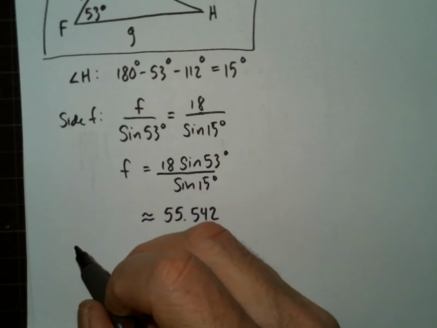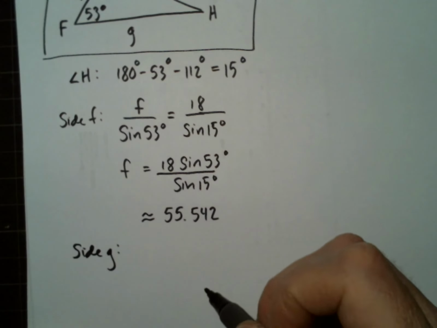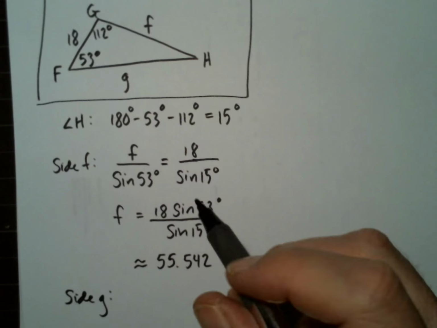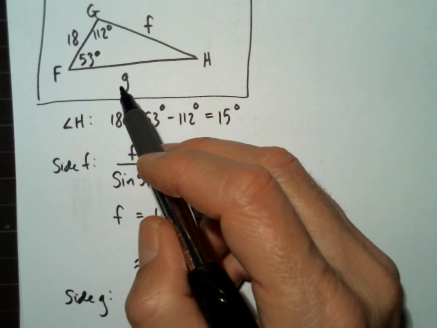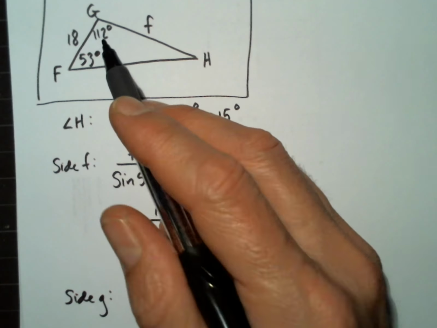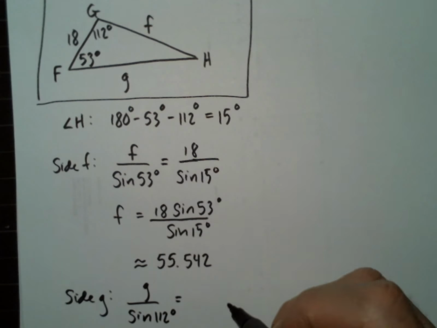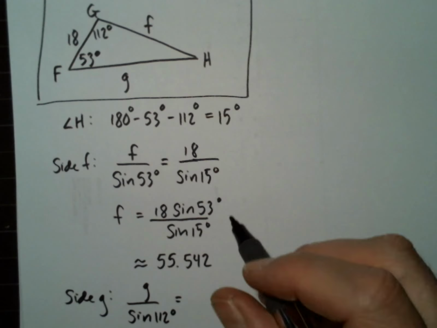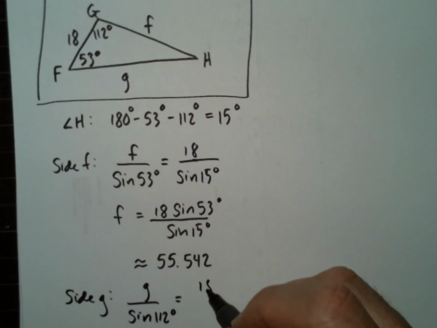And then we have side G. G is opposite of 112, so we'll make a ratio with G over sine 112. And then let's keep using the known value 18 over sine 15.